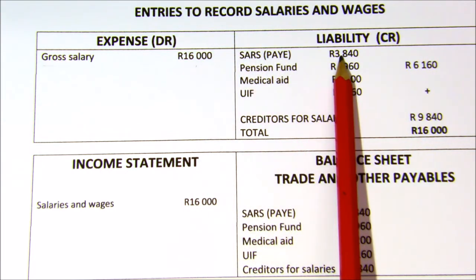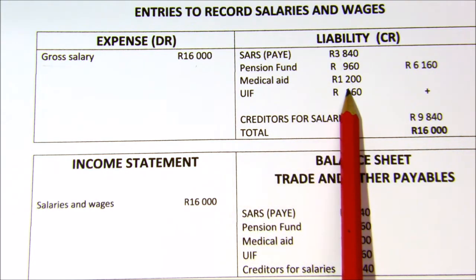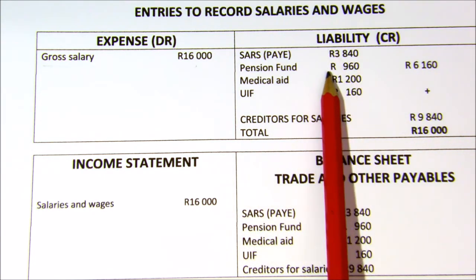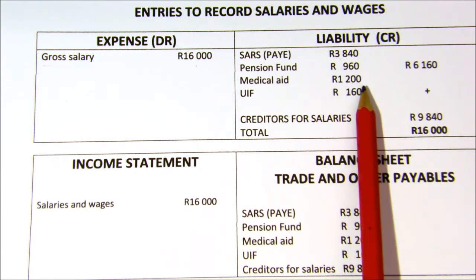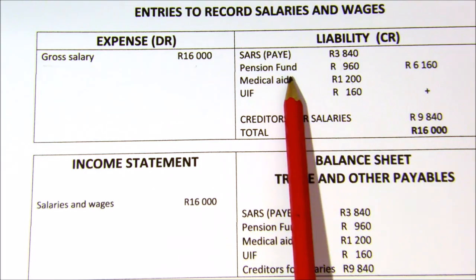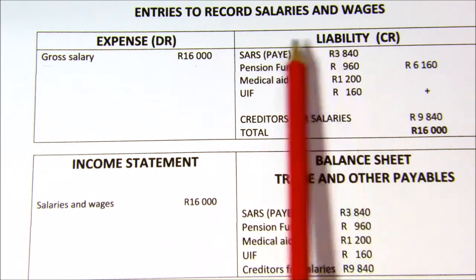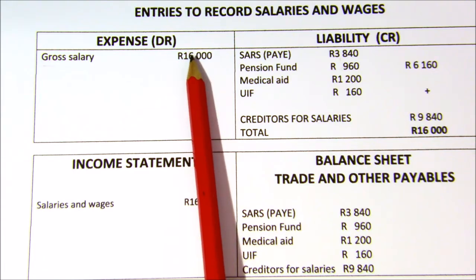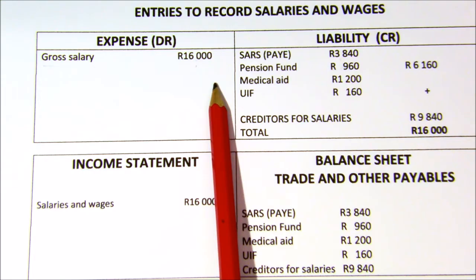There will be his tax, there will be the pension fund, the medical aid, and the UIF. Now there can be some others, for example, trade union levies or a staff fund, but these are the main ones. You will either be given the amounts or there'll be a percentage of the 16,000. But what I'm focusing on is the double entries more than the amounts now.